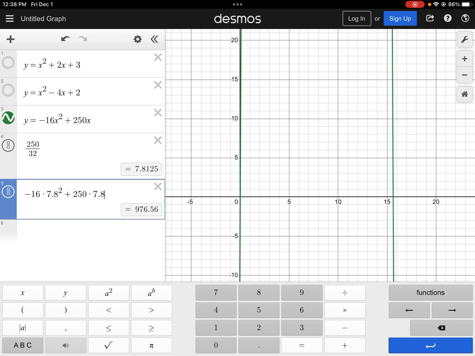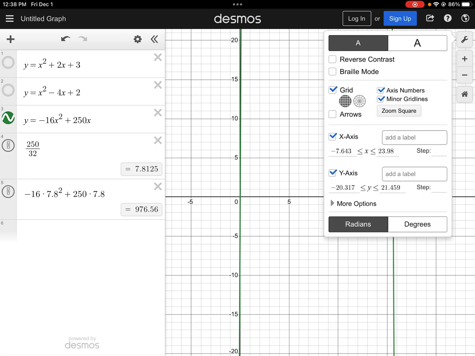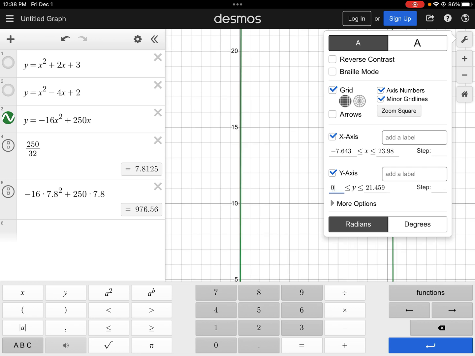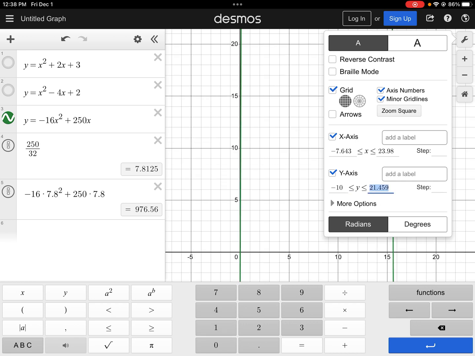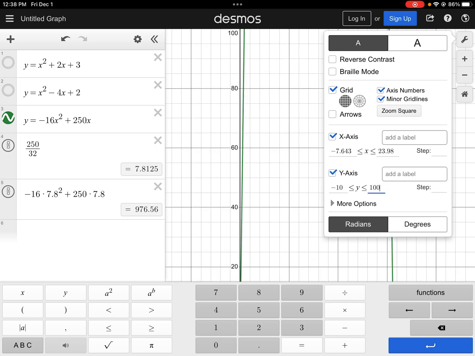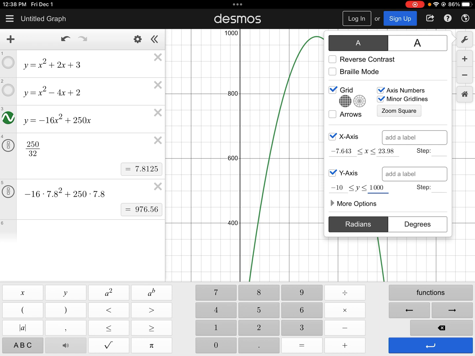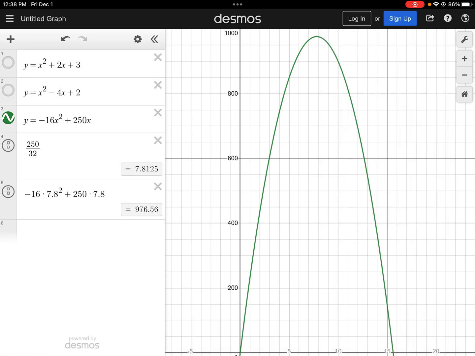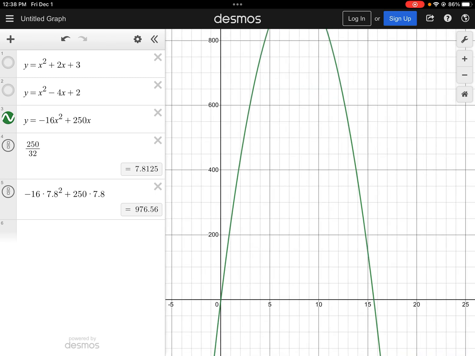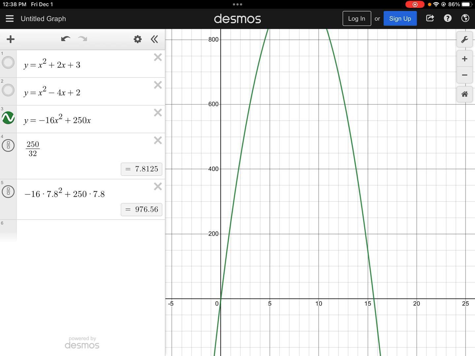I'm going to click on my wrench here, and now I'm going to adjust my y. I'm going to have y go from, actually, I like negative 10, so we have a little bit of margin, to 1,000. Now, do you see? Now I can see my parabola, but I want to go down here to 0. Now I can see my parabola.